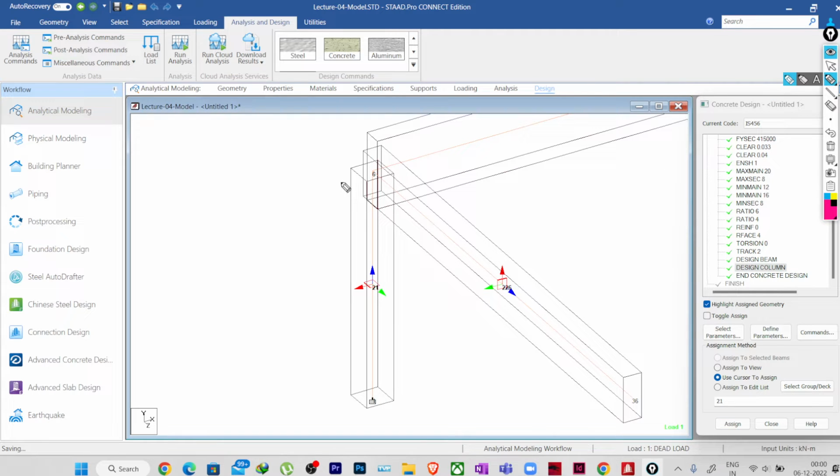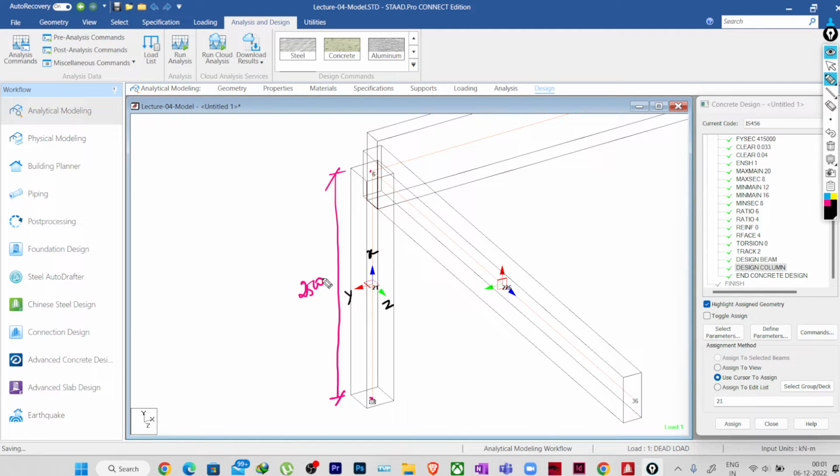So here if you see, the total length from node to node is given from this node to this node, which is 2500. Okay, so now what we have to do is find out the unsupported length factors. So remember, this is my y-axis, this is my z-axis, and this is my x-axis.